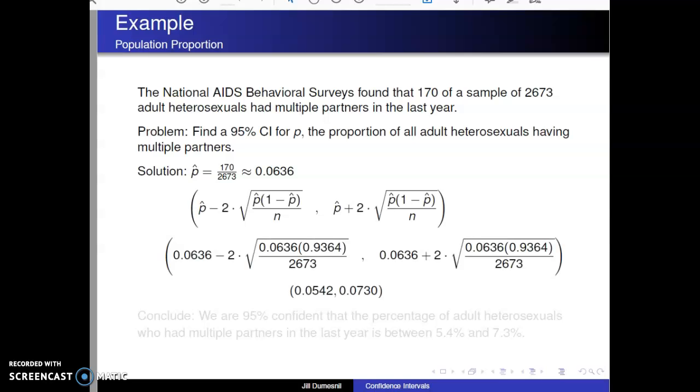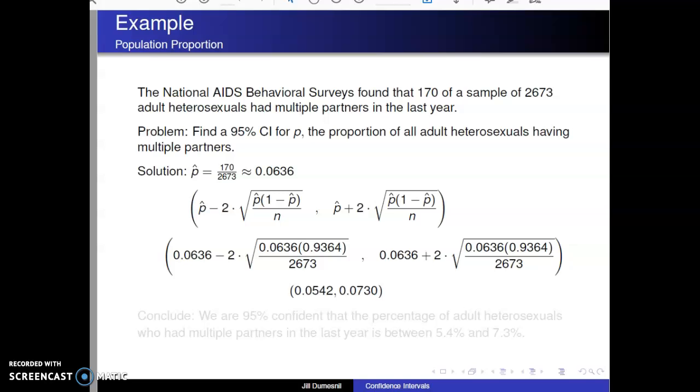Then we use the formula and plug in p hat equals 0.0636, 1 minus p hat equals 0.9364, and n equals 2673.